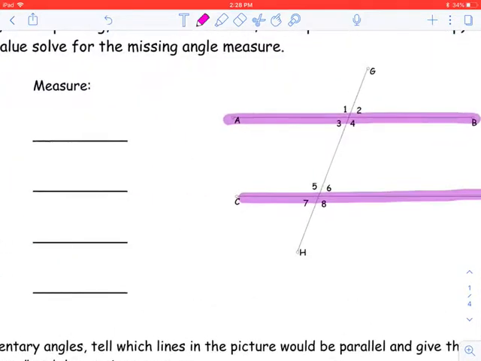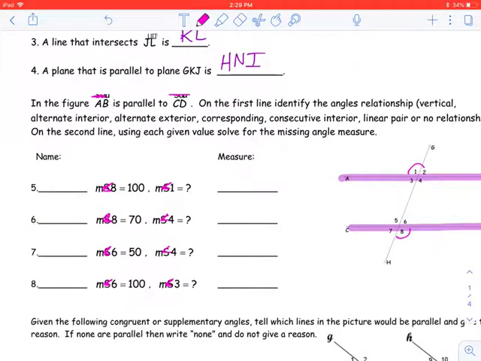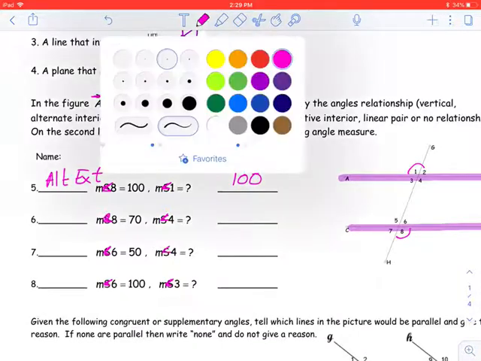If we look at our picture, they are exterior of the parallel lines, and they are on alternate sides. So alternate exterior. And alternate exterior means they are congruent. So the measure of angle 8 is 100.